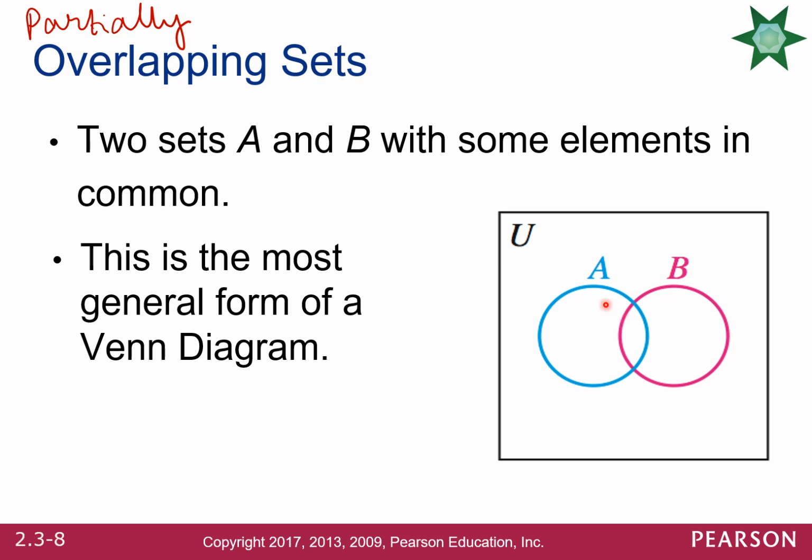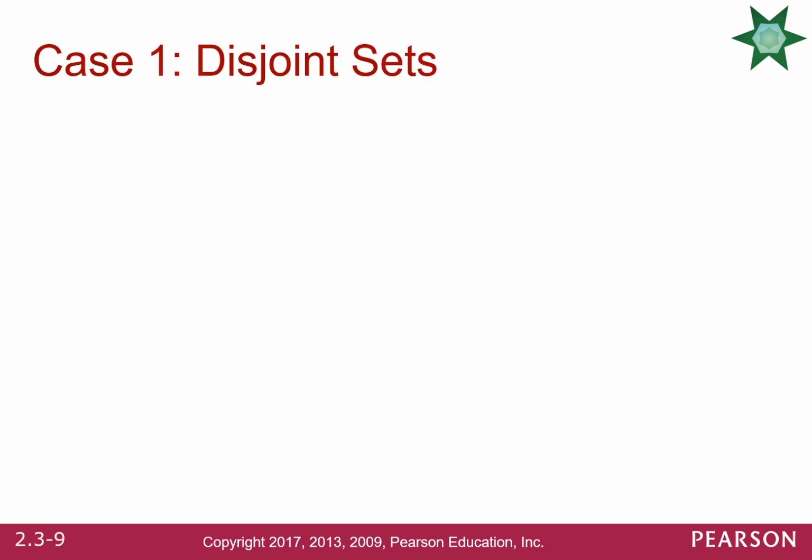But of course, we have seen we can have different views of Venn diagrams as well. Now we'll go through a few cases where we will learn how to represent sets that we had learnt about previously in the general form of the Venn diagram.